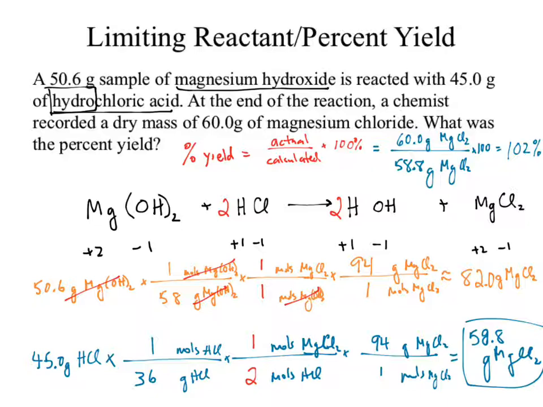You probably have a little water left, which means your mass goes up. So the 102% doesn't mean I have 60.0 grams of magnesium chloride. That just happened to be what I measured. That 60.0 grams of magnesium chloride likely has water in it as an impurity.